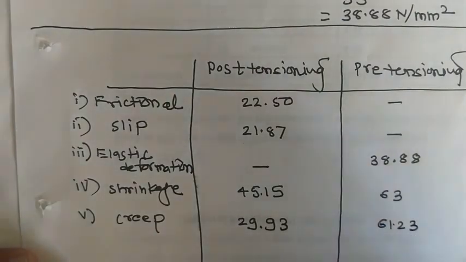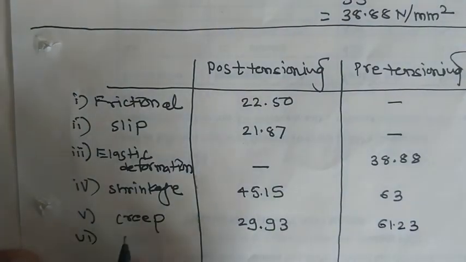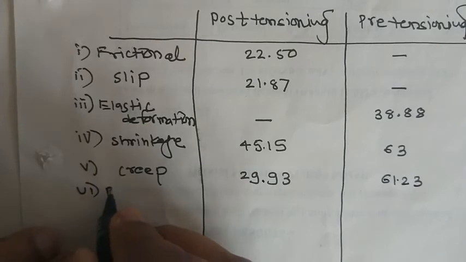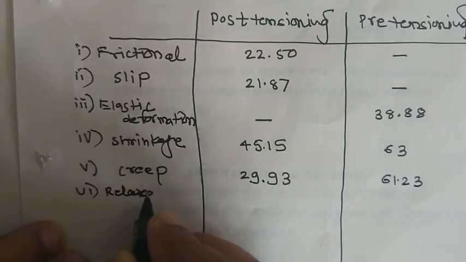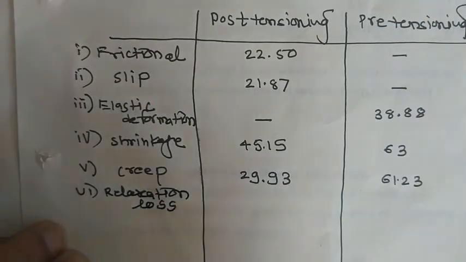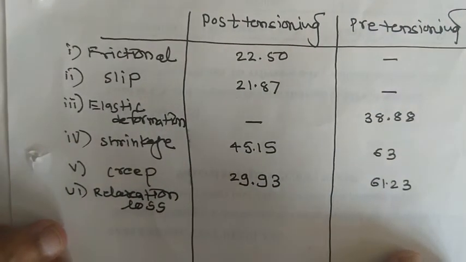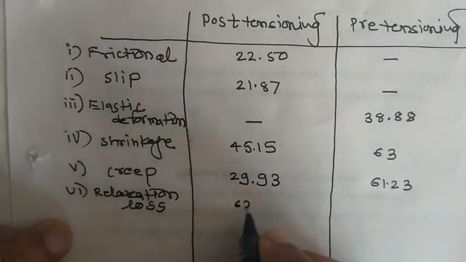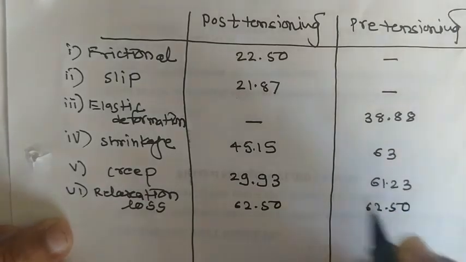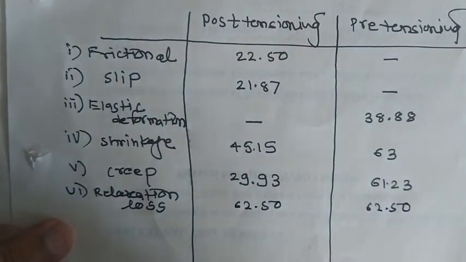And the last, sixth one, is the relaxation loss. It is nothing but a creep in steel. So relaxation loss is 62.5 in both the cases. So we have listed out all these losses related to the post-tensioning and pre-tensioning conditions.